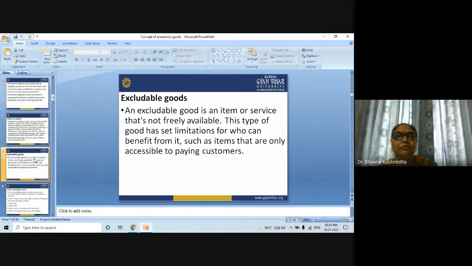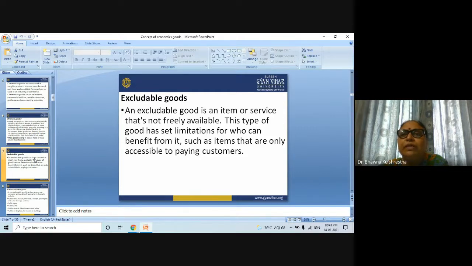This type of good has set limitations for who can benefit from it, such as items that are only accessible to paying customers, and whether the transactions require a payment plan or a single purchase.